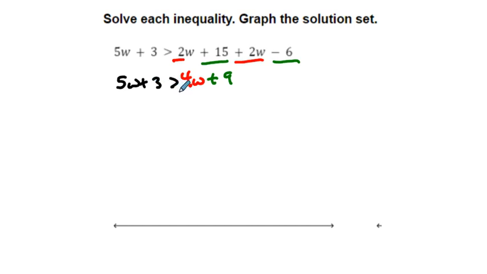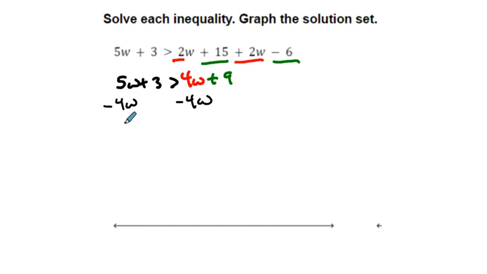And that's nice, it's one less thing to have to worry about, because there's plenty of things to worry about with these. So if we do that, we're going to move this 4w over to that side, because there's 5 here, there's 4 here. So we're going to subtract 4w from both sides.